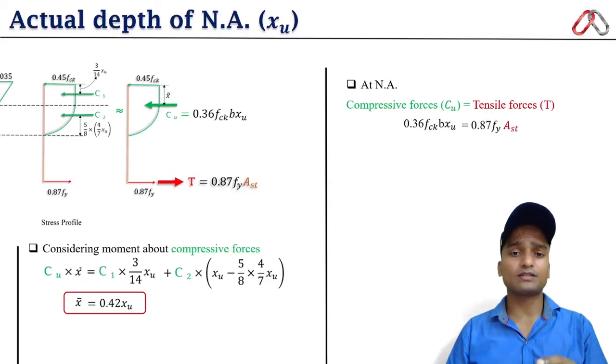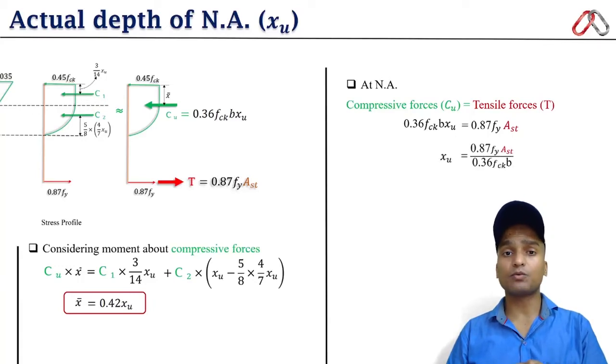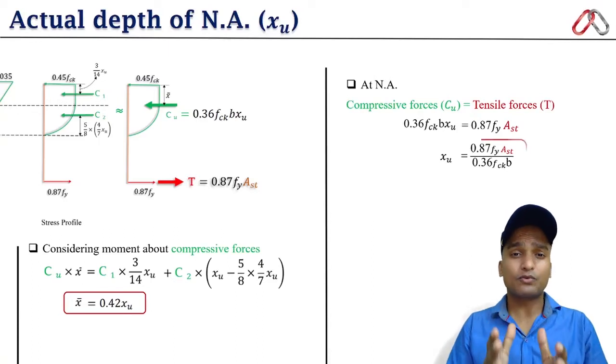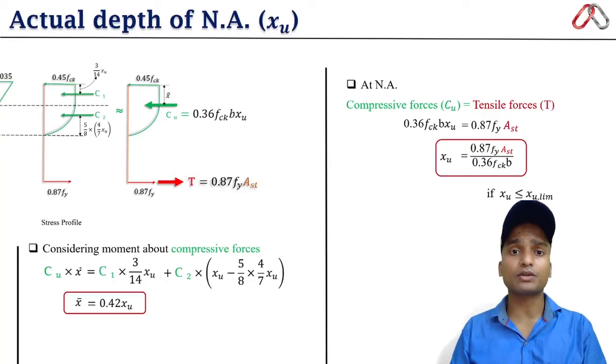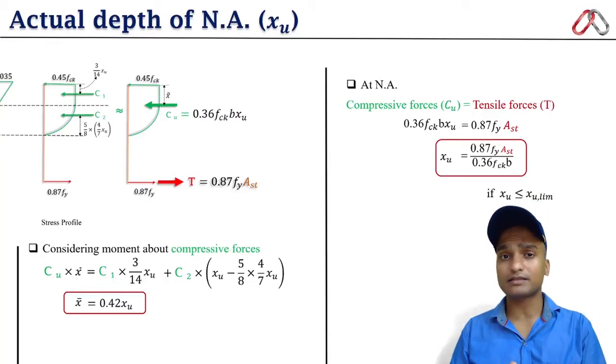So the value of XU is 0.87 Fy Ast divided by 0.36 fck times b. Of course, this formula will be valid only if the actual depth of neutral axis is less than or equal to the limiting depth of neutral axis.